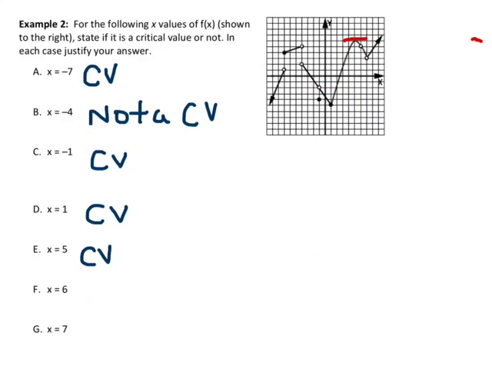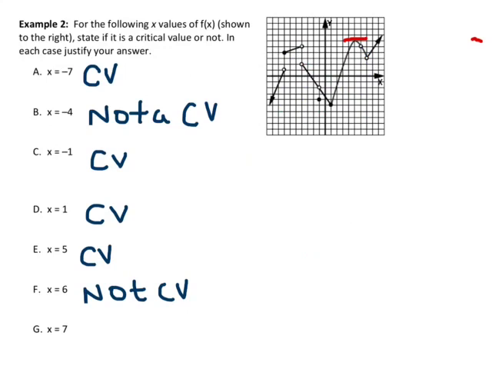Now let's look at 6. All right, here is 6. Ooh, it's not defined anywhere. And of course, the derivative obviously doesn't exist, but it violates the first rule that we were looking for in critical values. It needs to be defined. So at 6, it is not a critical value.